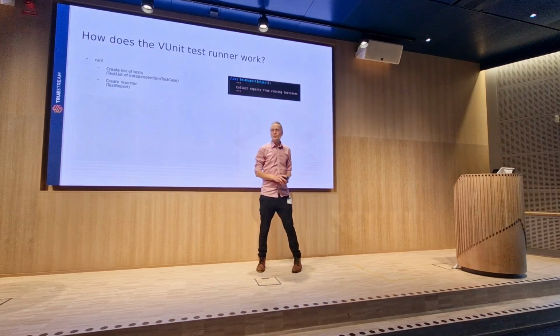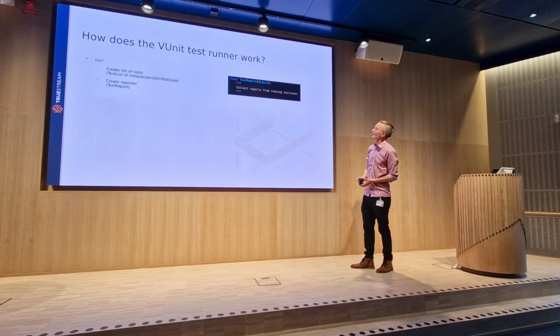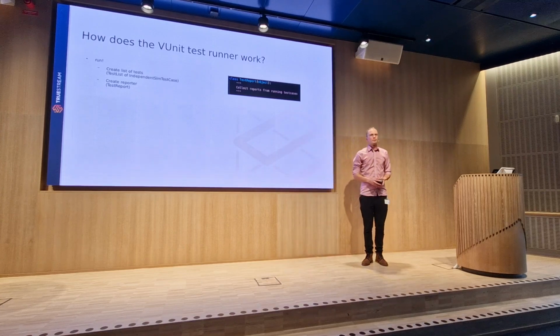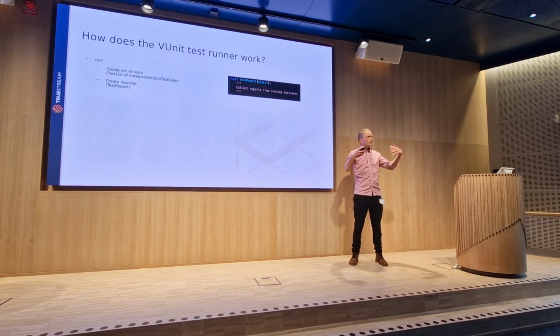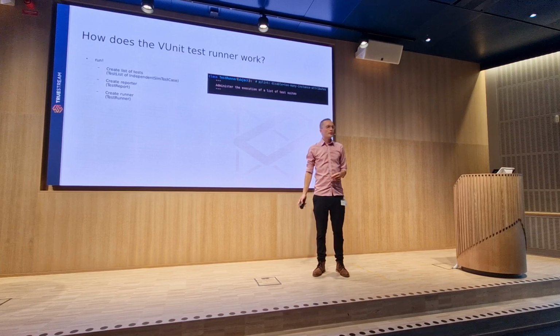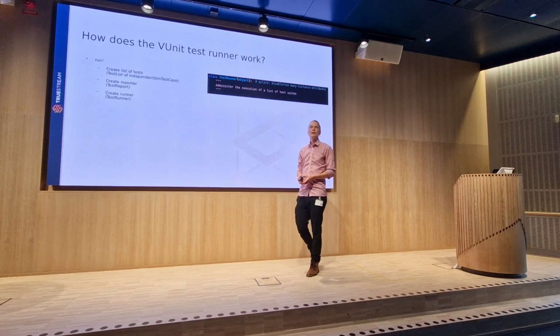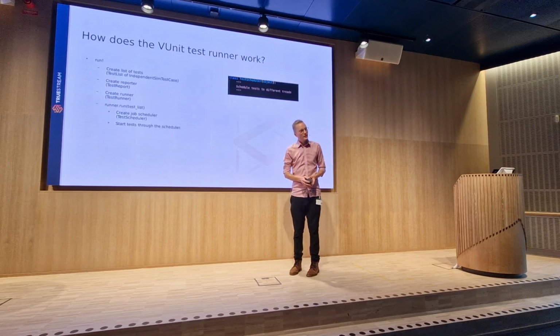A reporter is created, which collects reports from running test cases to get the output to you as a user. The runner is created, which is the part that is going to actually execute the test grid. And then you hit run with the runner on the test list.